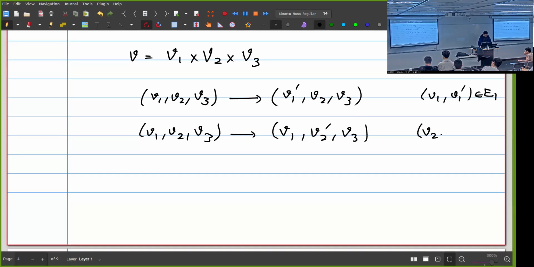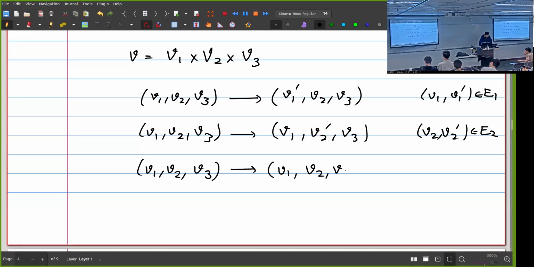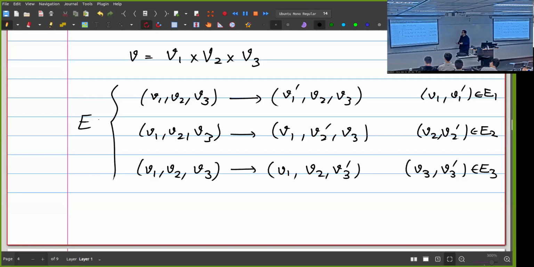And again, here I need that V2, V2 prime is in E2. Or I can do the third component, so V1, V2, V3 prime, and here I need that V3, V3 prime are in E3. So these are the definitions of all the edges that I have in my overall graph.